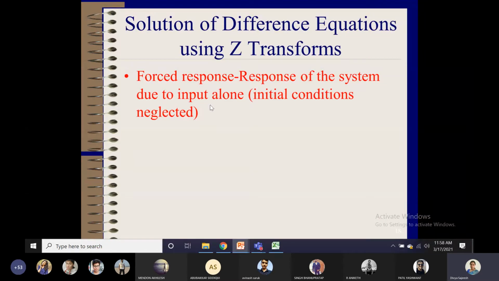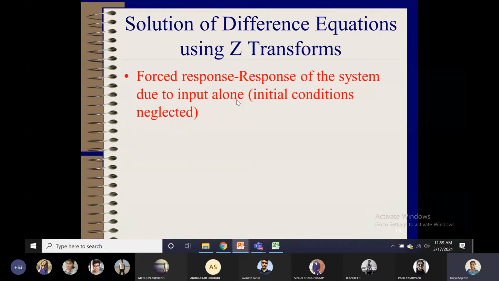What are these three conditions? First condition is the forced response of the system. What do you mean by the forced response? The response of the system due to input alone. That means when I am giving the input to the system, how the system is going to behave, neglecting the initial conditions.